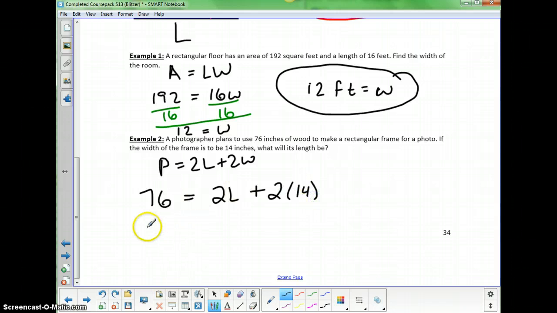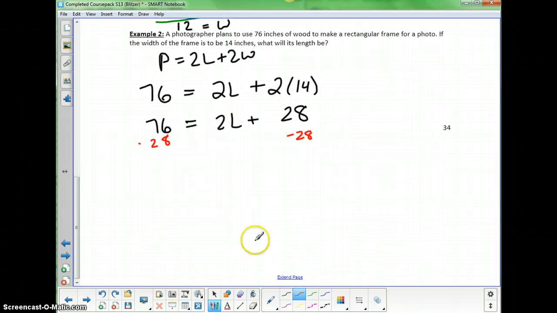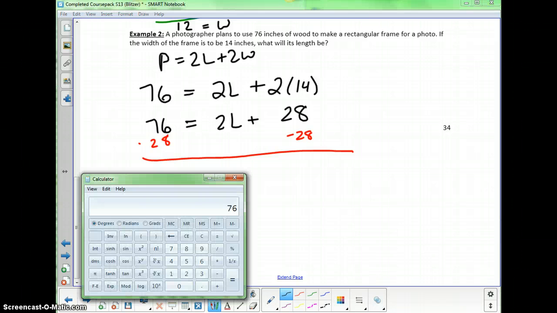So let's simplify and solve this. 76 equals 2 length plus 2 times 14 is 28. We'll need to subtract that 28 from both sides to solve for L. 76 minus 28 is 48.